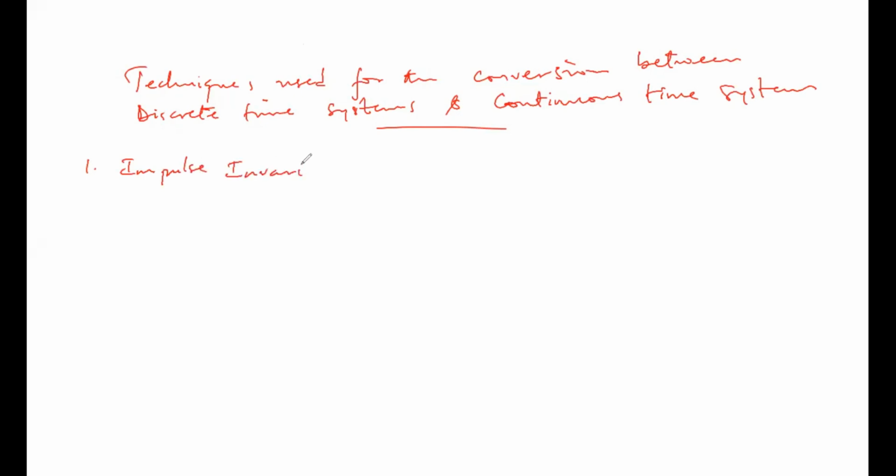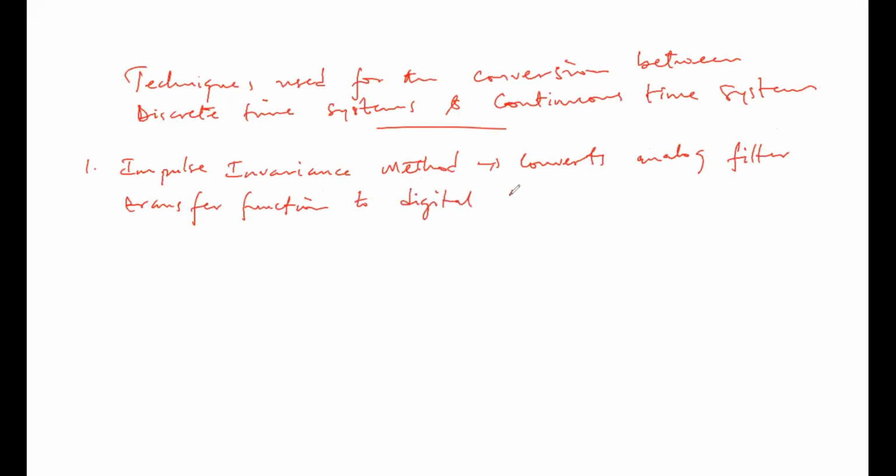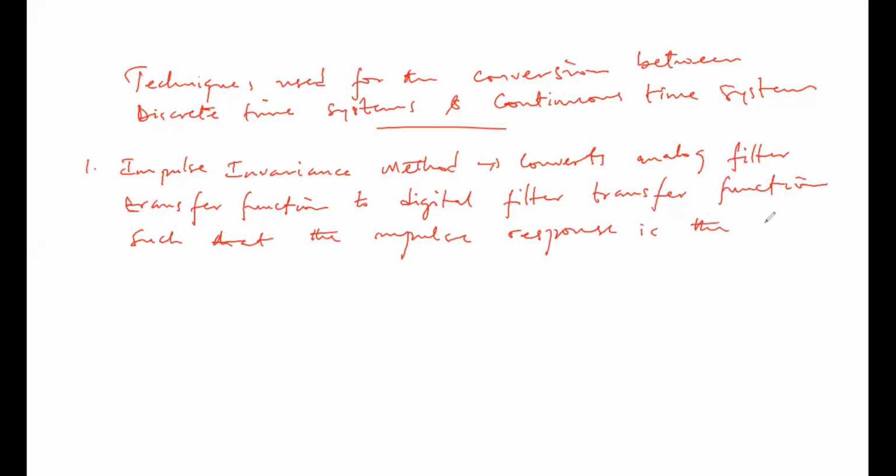Impulse invariance method. Okay. And this method, better still, the impulse invariant method, converts analog filter transfer function to digital filter transfer function, such that the impulse response, like we already mentioned, is the same.